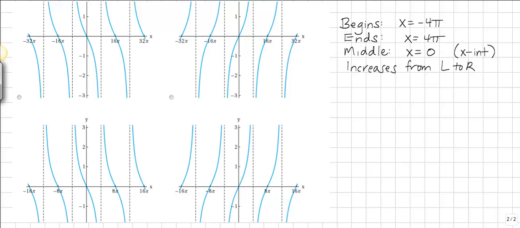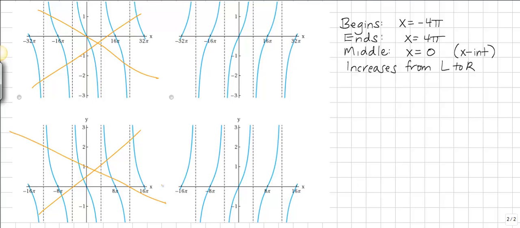Let's remember our basics. We want to have an asymptote at negative 4 pi, an asymptote at 4 pi, an intercept at 0, 0, and we also need to increase from left to right through 0, 0. Now, that alone, the increasing from left to right, leads me to rule out this guy and this guy.